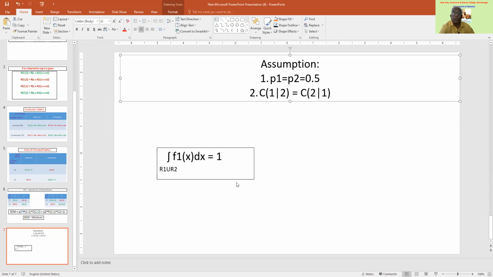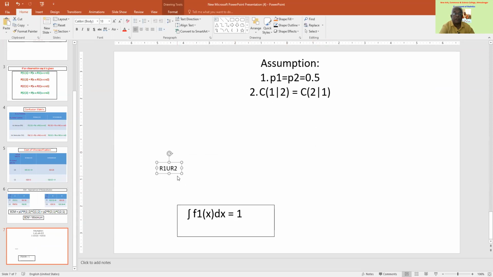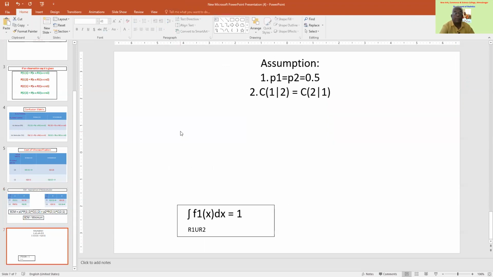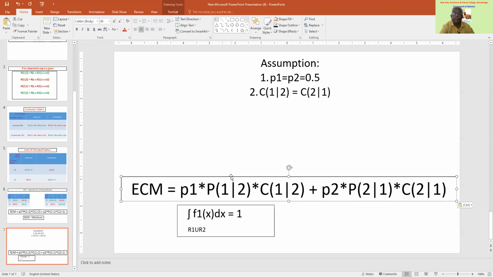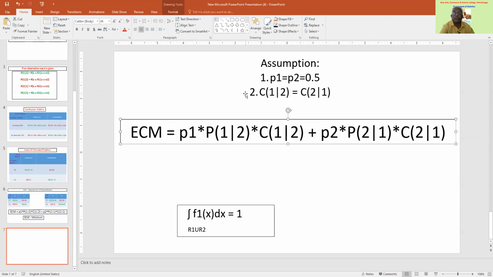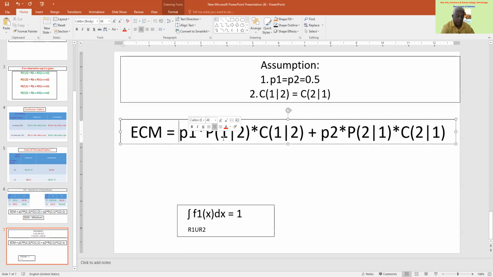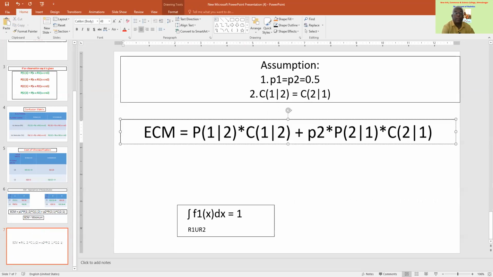Okay. Now, as soon as I say this, my expected cost of misclassification will become something like this. It will become a constant.